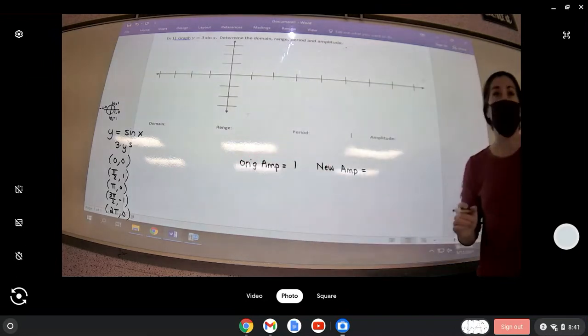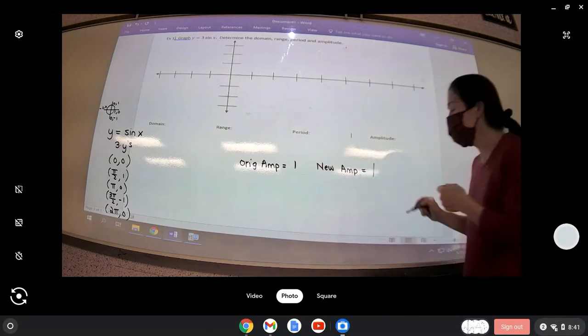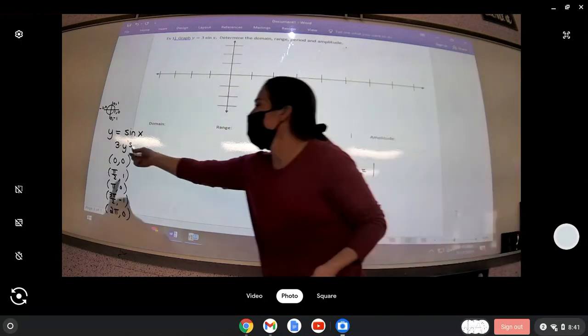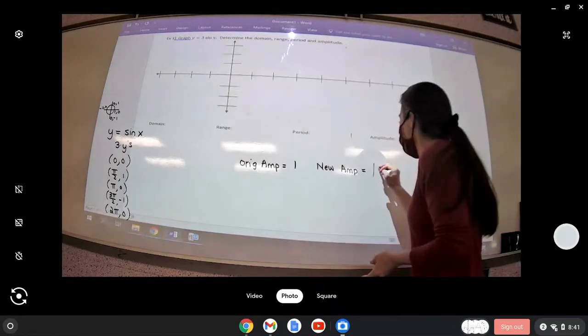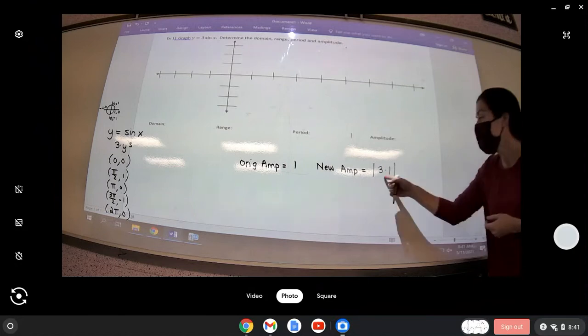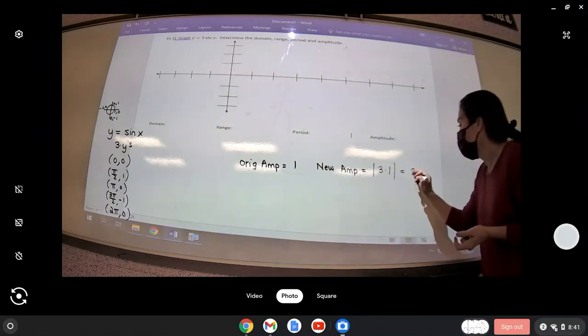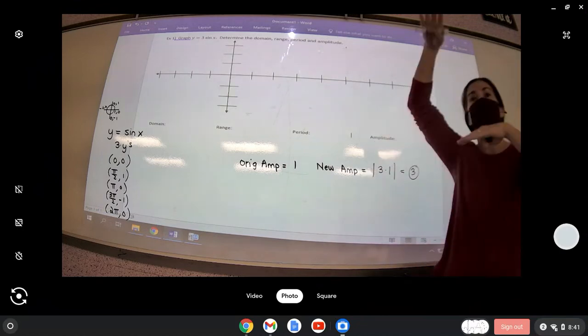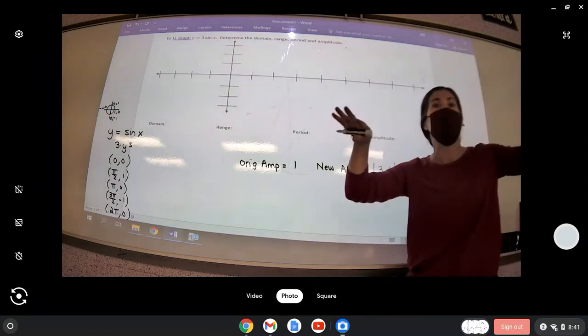You always want a positive number, so it'll be the absolute value of whatever you multiply the y coordinates by. We're multiplying the y's by 3, so the new amplitude will be the absolute value of 3 times 1, the old amplitude, which is 3. So I should be going 3 units up and 3 units down from the middle of that graph.